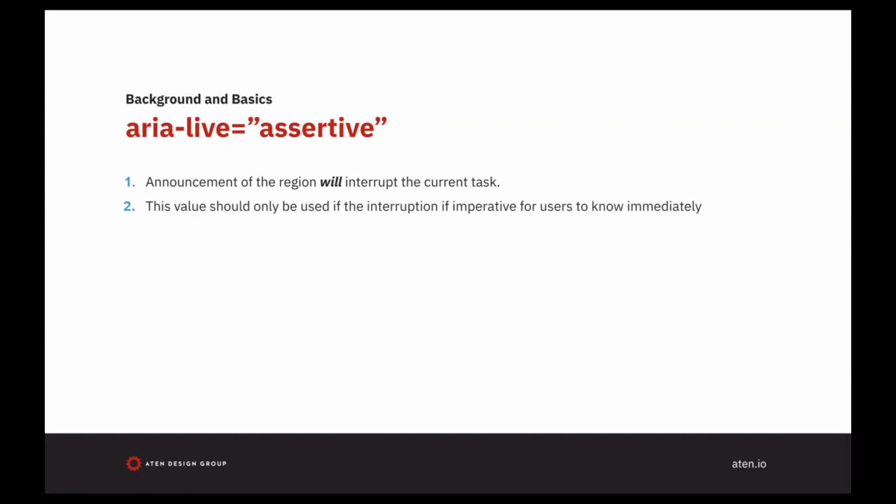This value should only be used if the interruption is imperative for users to know immediately, like instances where maybe you have a form or someone's doing a test and it's time sensitive and there's 15 seconds left. Or maybe you're going to be logged out due to inactivity, or you're reaching a character count in an input, which is critical to functionality. You need to let them know that there's 5 characters left, 4, 3, 2, 1, and so on. However, avoid this unless absolutely necessary.